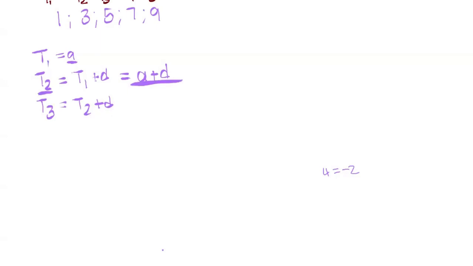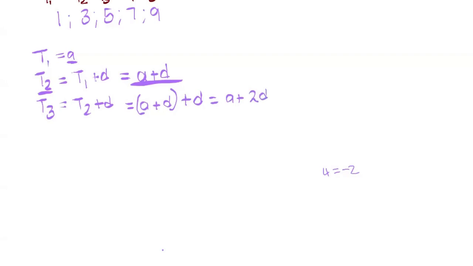Term 2 is equal to A plus D. So now we are going to substitute A plus D for term 2. So that is going to give us A plus D for term 2 plus D. I'm just putting in the brackets so you can see what I've substituted. That will now give you A plus 2D. All right.